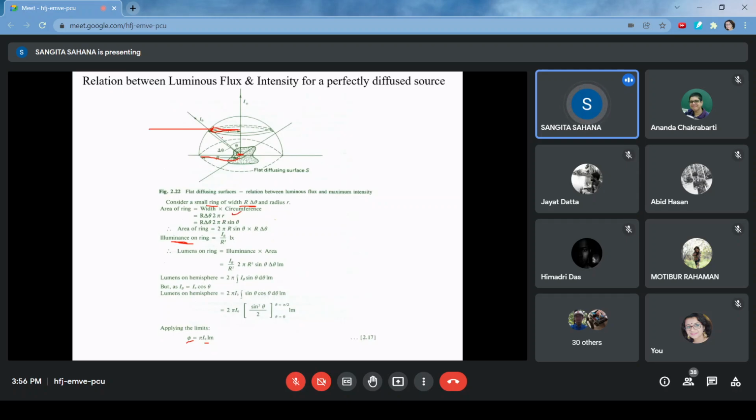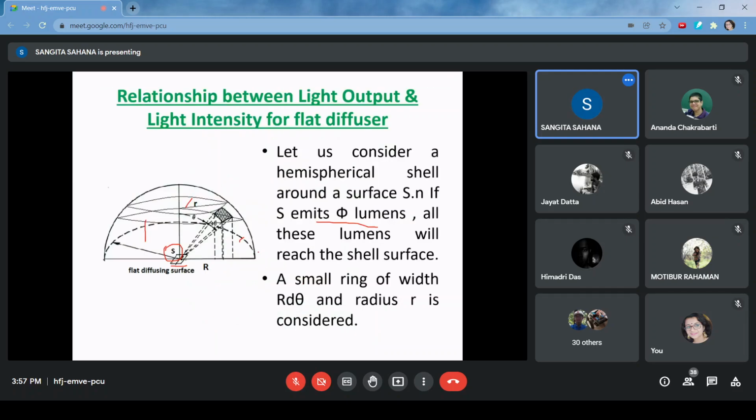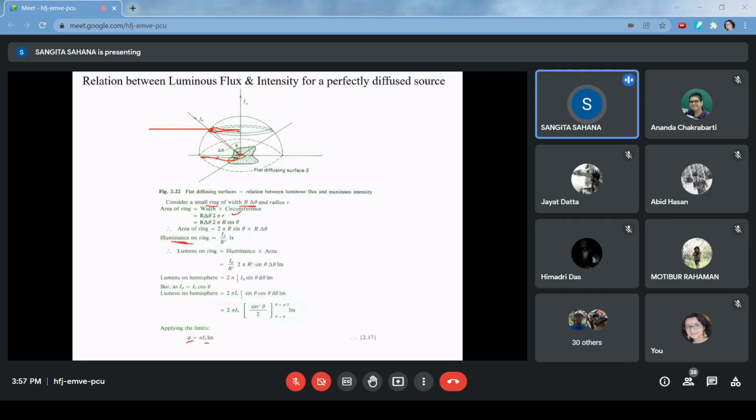So if you express the small r in terms of capital R, this is small r, this is capital R. So if you express small r in terms of the total radius, it will be R sine theta. So we can get this one. So area of the ring is this.